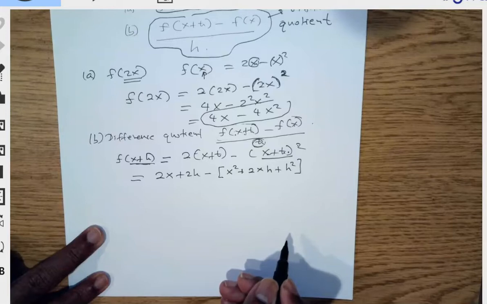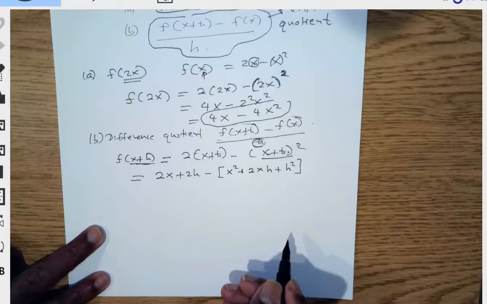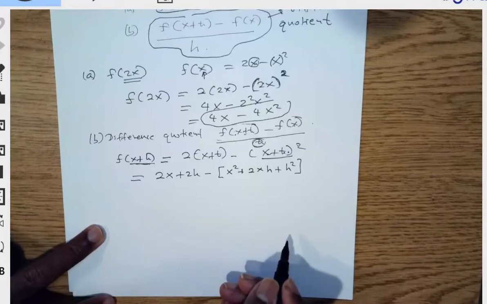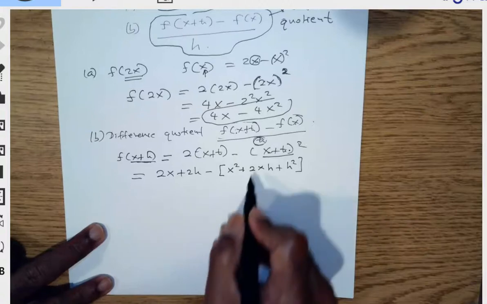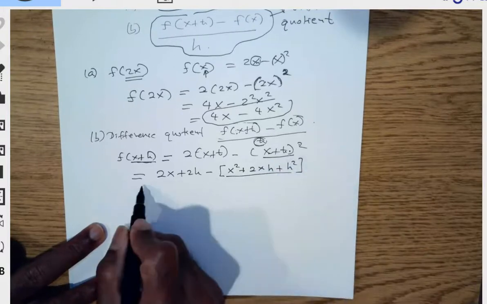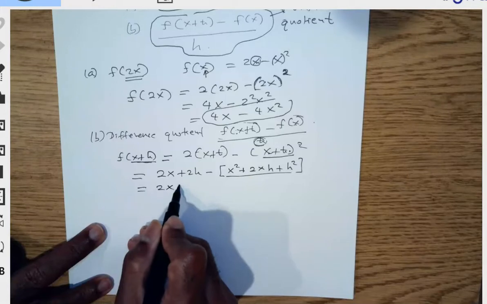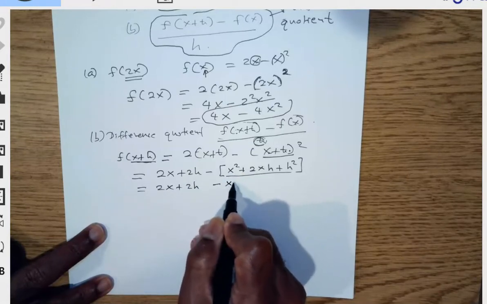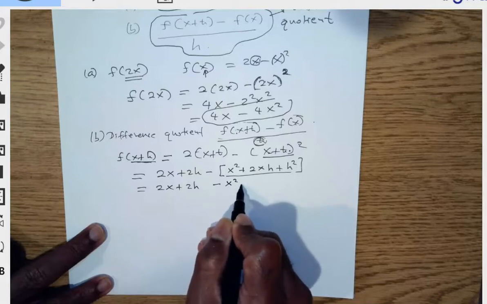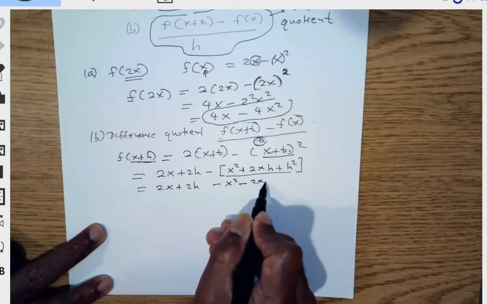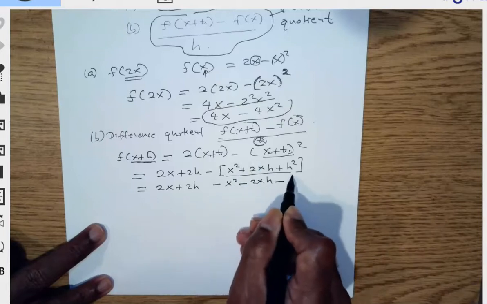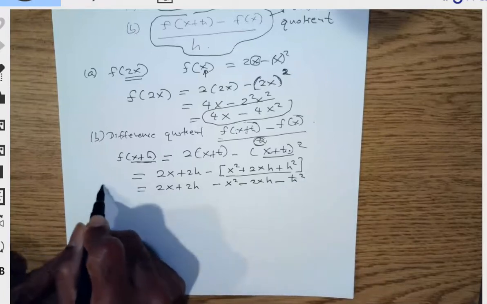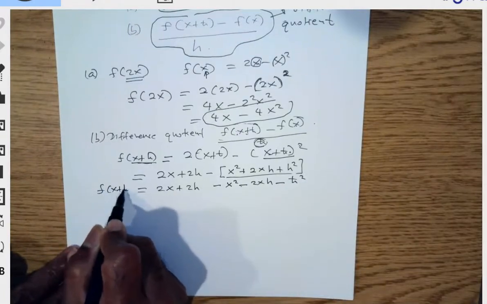So you have 2x plus 2h minus x squared plus 2xh plus h squared. Remember to expand it nicely. Now you distribute the minus to all the pieces. So negative x squared, negative 2xh, and negative h squared. So that is f of x plus h.